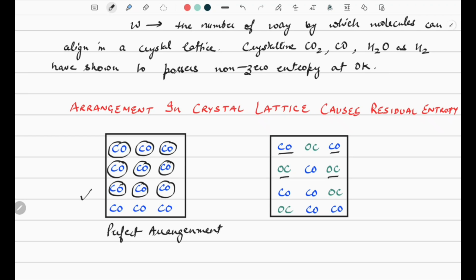That means there is no actual proper order, or there is a small degree of disorder. So this small degree of disorder causes residual entropy, as we know that entropy is nothing but a measurement of the disorder in the system.